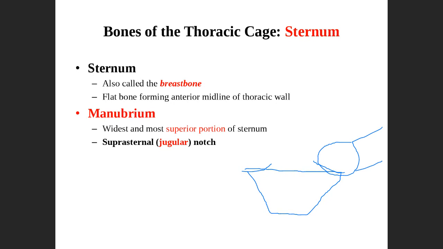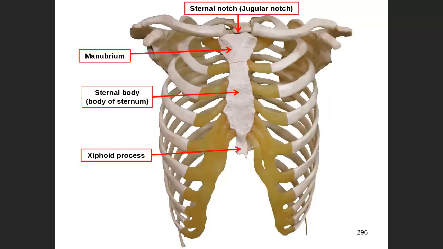What's your clavicle? That's your collarbone. So this notch in between here is known as the suprasternal or jugular notch. Suprasternal, jugular notch.